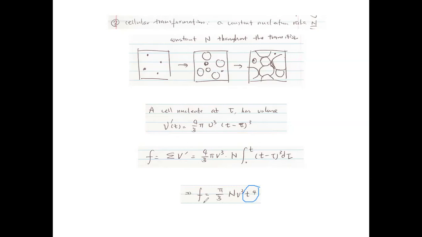We see that this is going to change the scaling of the transformed fraction as a function of time. The constant, of course, is different, but we're more interested in the scaling.